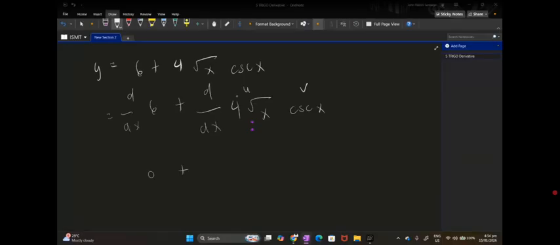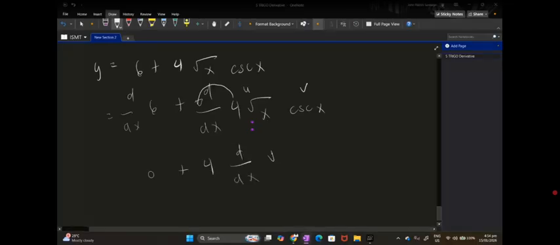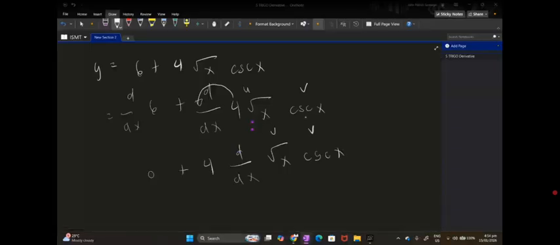Ilabas natin si 4 kasi constant siya. So, magiging 4 times the derivative ng square root of x times cosecant of x. Mas madali na siya, di ba? Nilabas lang natin si 4. Ayan.